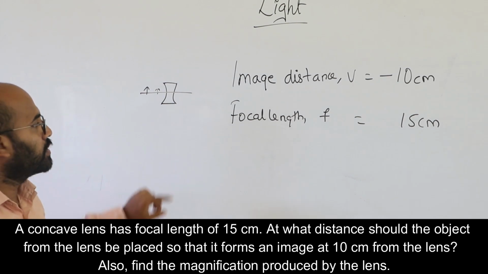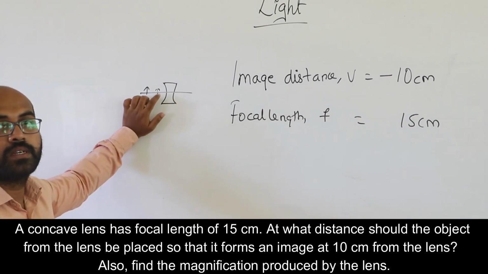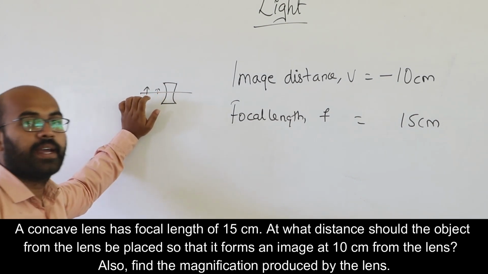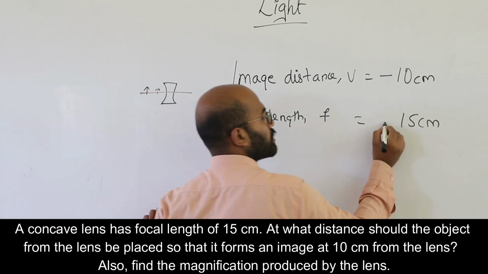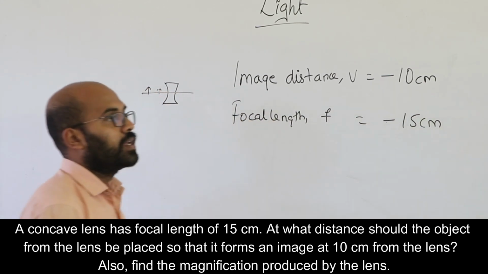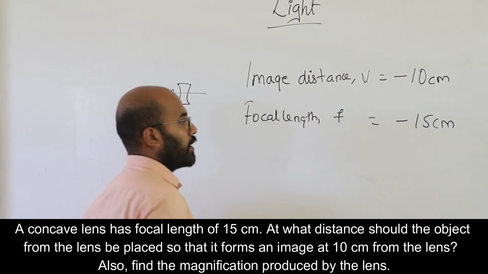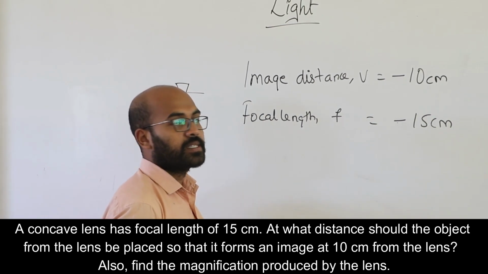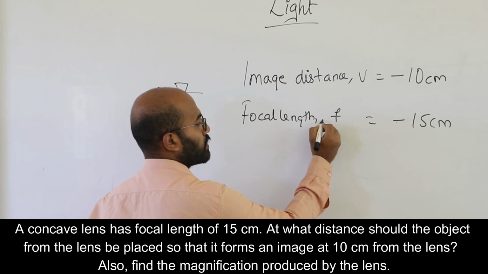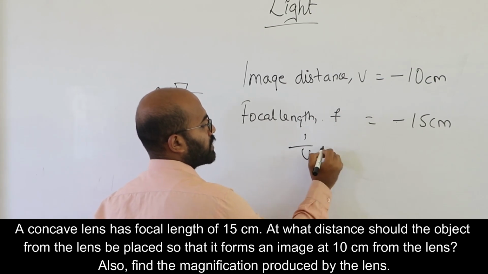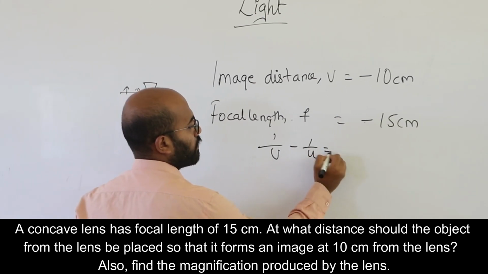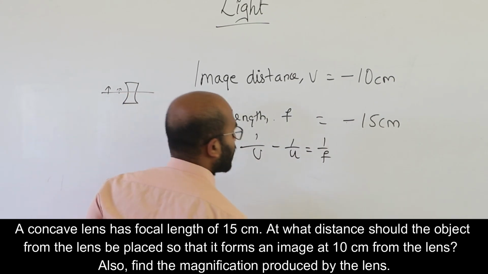What is the focal length? Focal length is also negative because it's on the negative x-axis. Using this, I need to find the object distance. I need to use the lens formula, that is 1 by v minus 1 by u is equal to 1 by f.